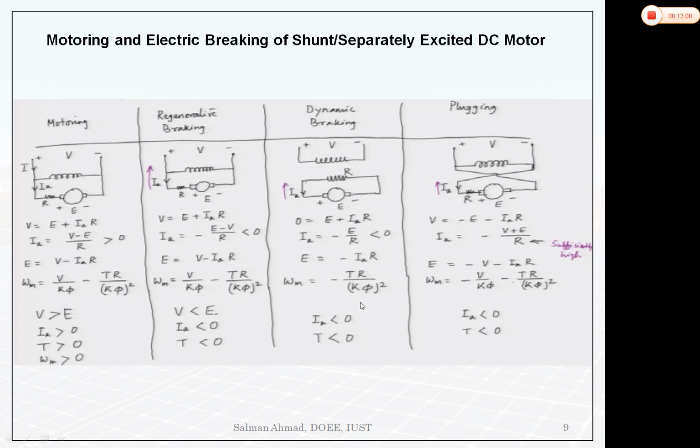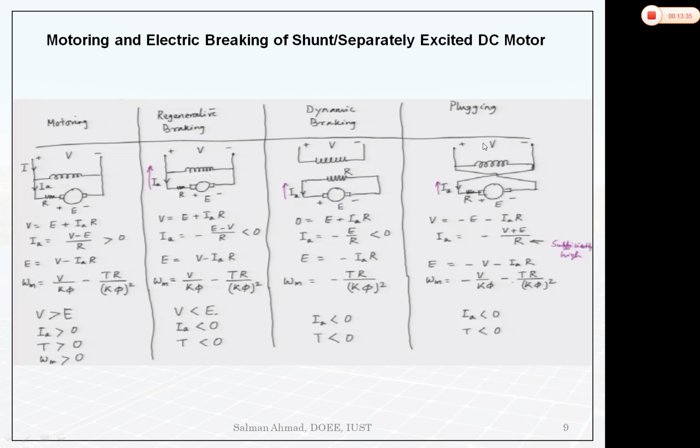The conditions are: armature current is negative and torque is negative. If speed is positive, torque will be negative. If torque is negative, speed will be positive. So torque must be negative if speed is in the same direction.